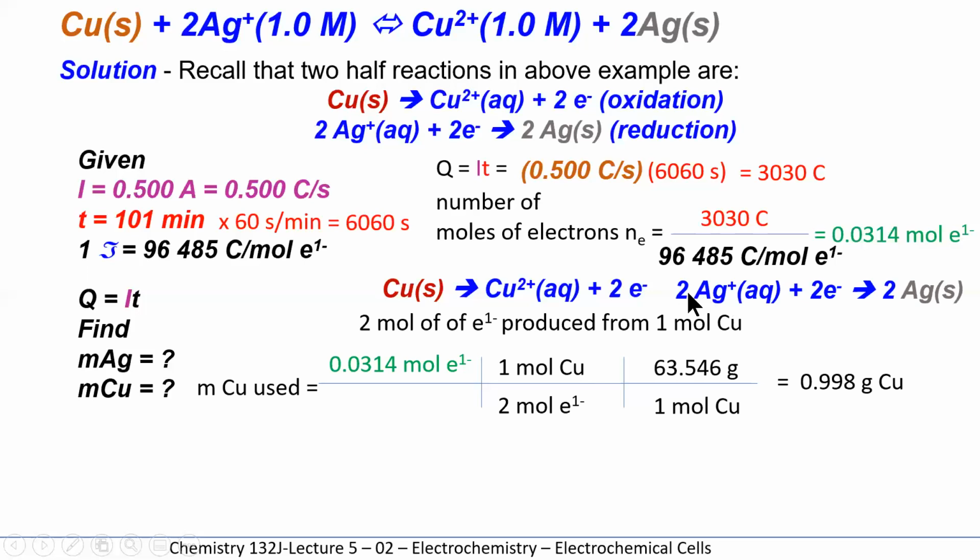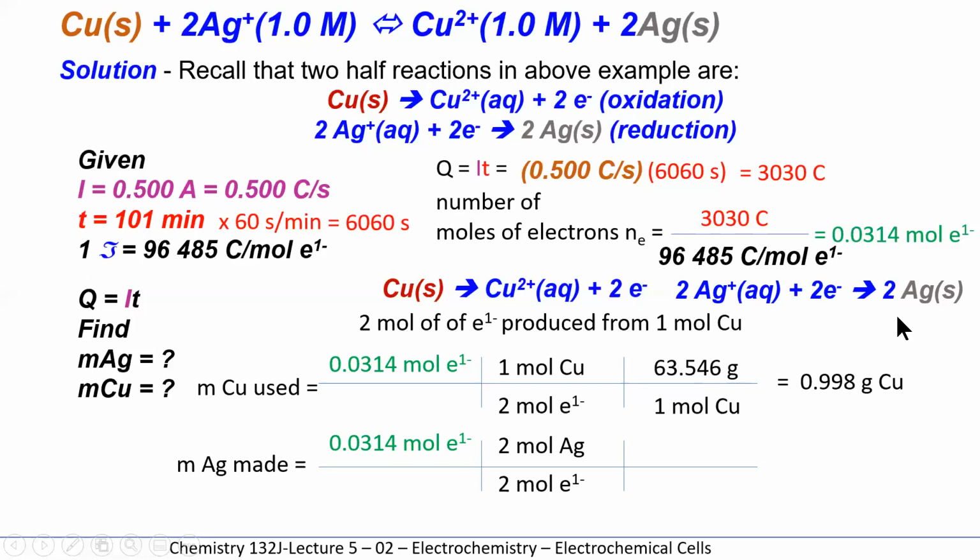And now we're going to look at the amount of silver that's produced, again using the stoichiometry in the balanced half cell equation. So the mass of silver will be the number of moles of electrons generated in 101 minutes by that current of 0.5 amps. We're going to multiply by 1 mole of silver for every 1 mole of electrons. So it's a 1-to-1 reaction ratio.